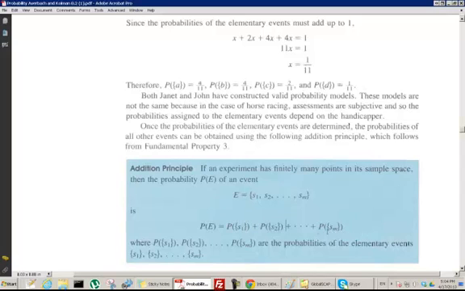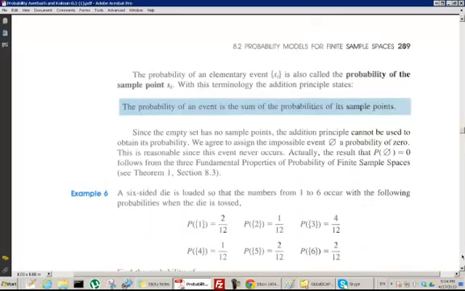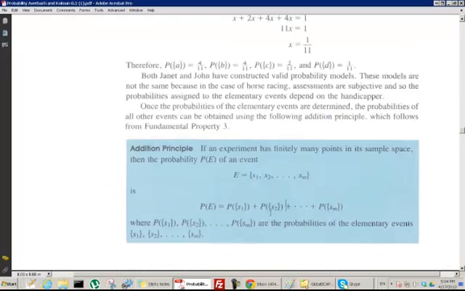Now, why is this related to the mutually exclusive rule up there, number 3?